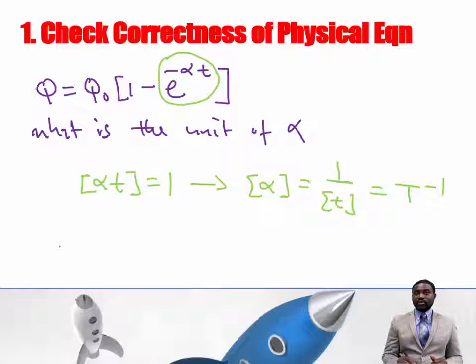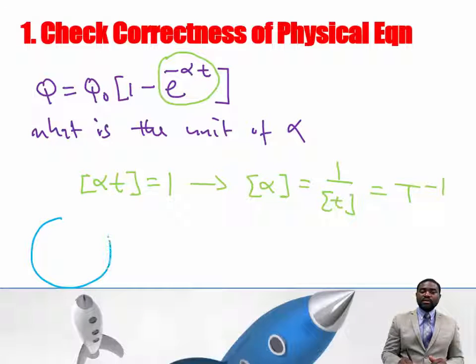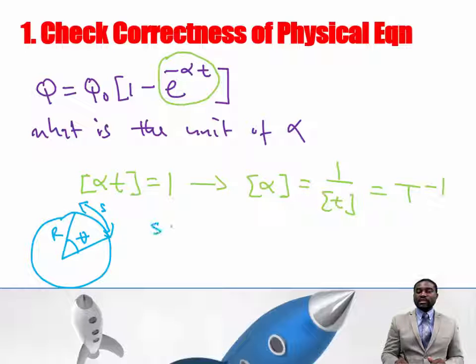Do you get me? Let me put it this way. If you have a circle, this angle theta, the radius of the circle is r. This is the arc length s. S is defined as r theta, which means that theta is equal to s divided by r, right?